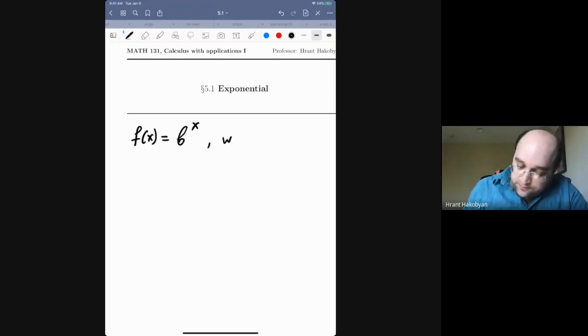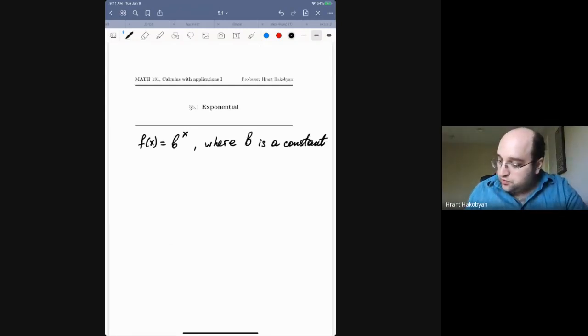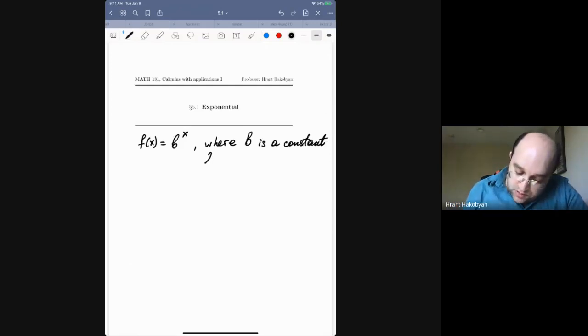Where b is just some number, b is a constant. We're going to assume for our purposes that b is a positive number, and also b is not equal to 1.